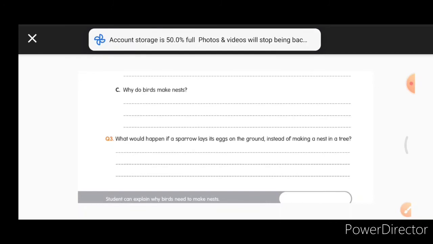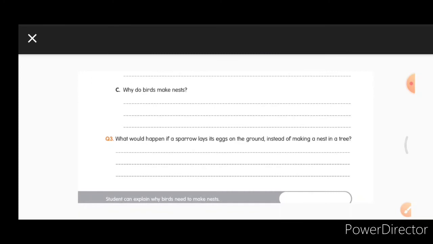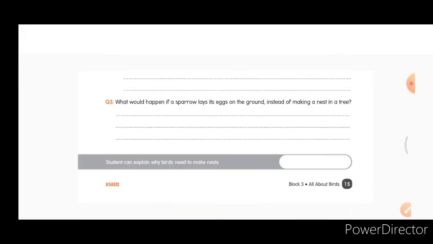Some other predator might eat the egg away or the egg might break off. That is the reason sparrows make nests on the tree. So, if a sparrow lays its eggs on the ground, the eggs might break.